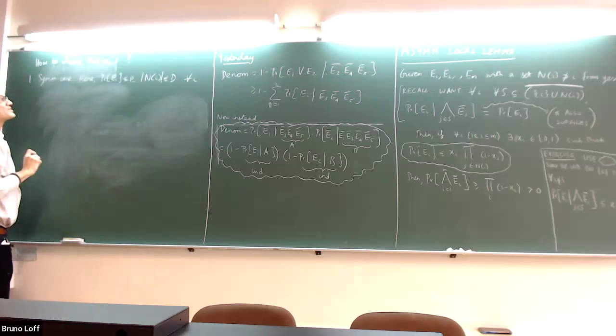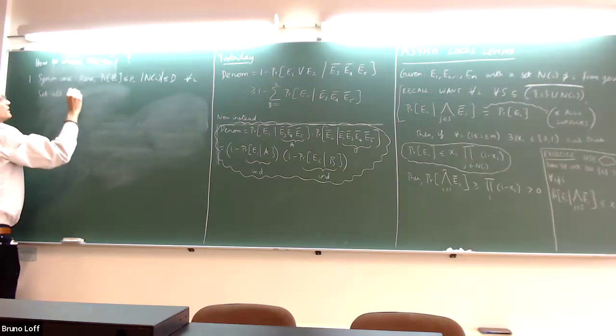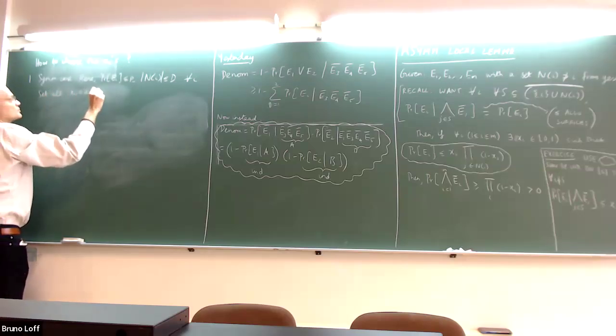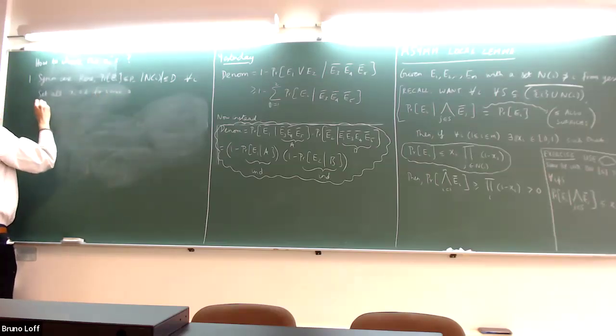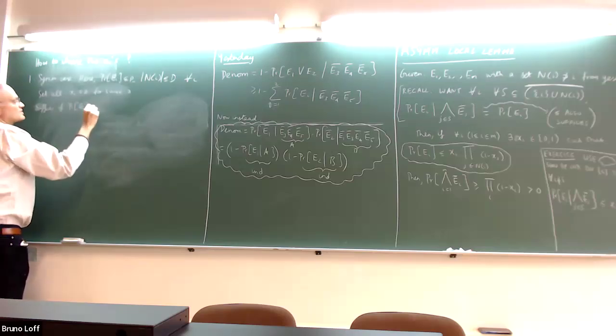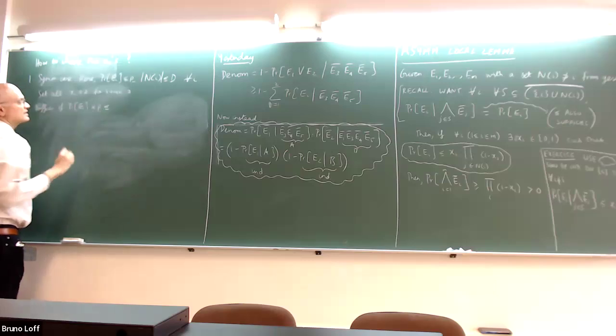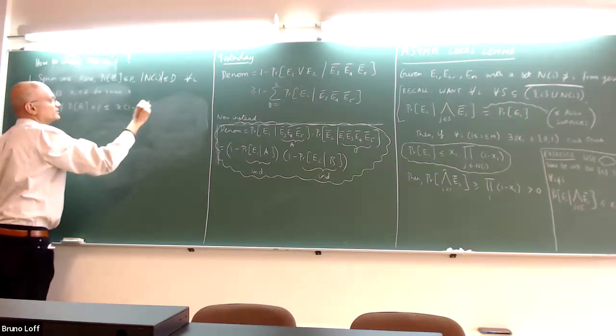This is the symmetric case, right? So set xi equal to some z. What do we want from z? It suffices if the probability of Ei, for all i, which is less than or equal to p, is less than or equal to z times (1 minus z) to the power of d.